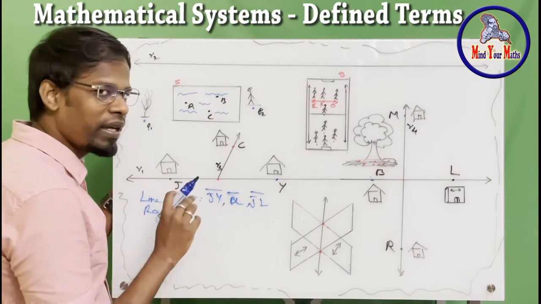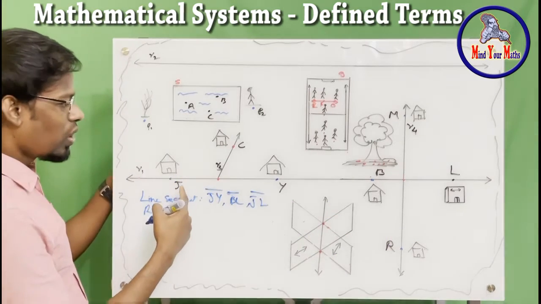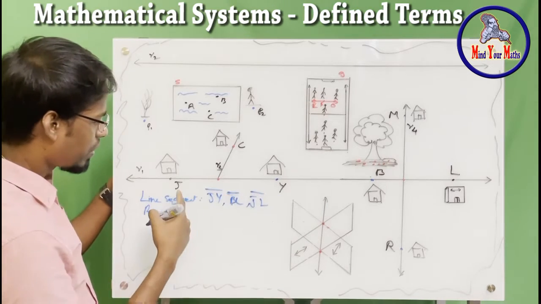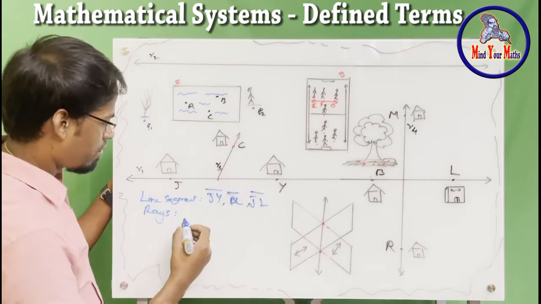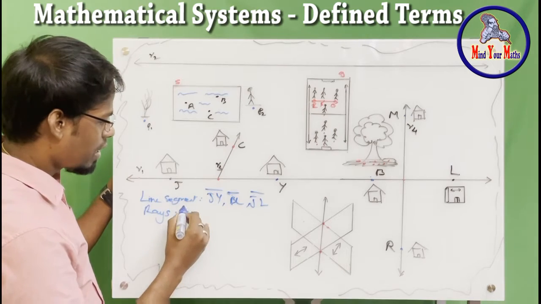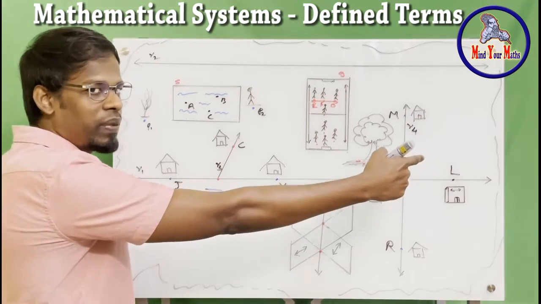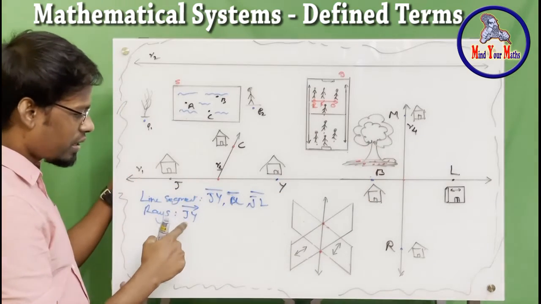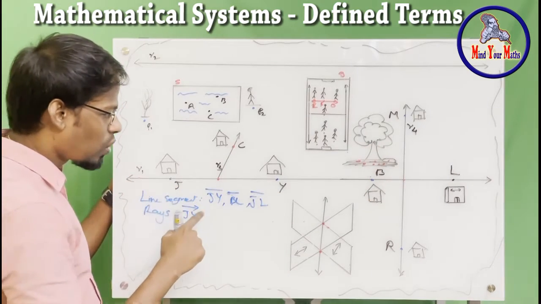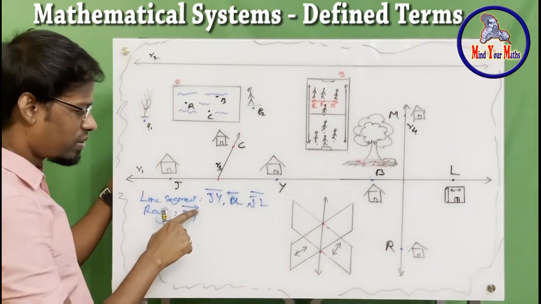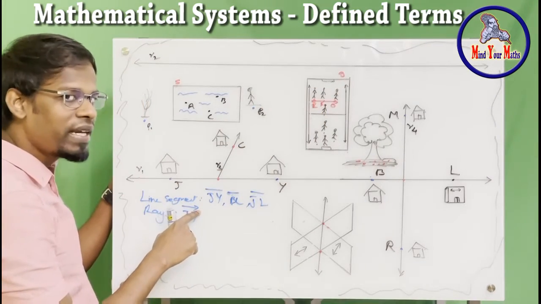So how do we represent that? We pick any 2 points, for example J and Y, and then we put the direction towards which we want to represent the ray. Because in this case J is a starting point, it goes through Y and it has no end. That's what it means. We put the arrow towards only one direction.